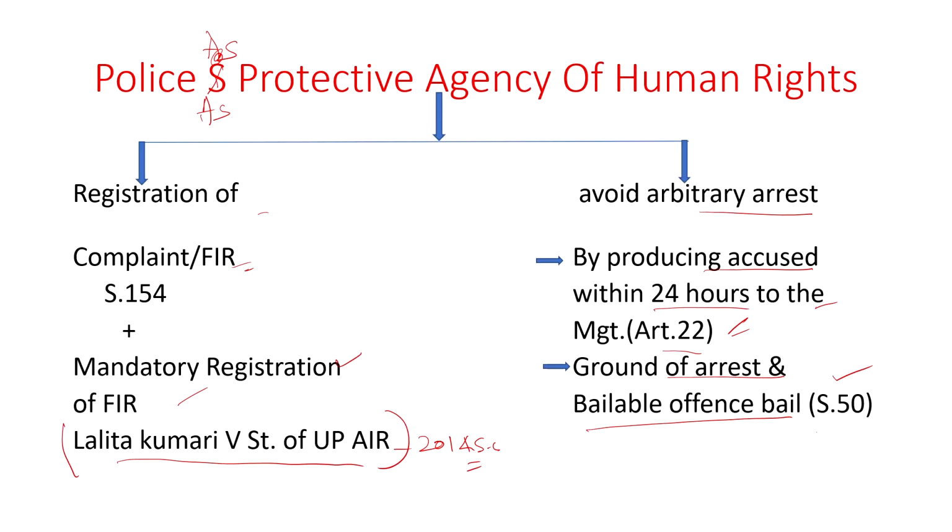So, it would be helpful in protecting the human rights of the arrested person. This provision is helpful in avoiding police atrocities. Police may commit atrocity or any kind of violence against the accused.